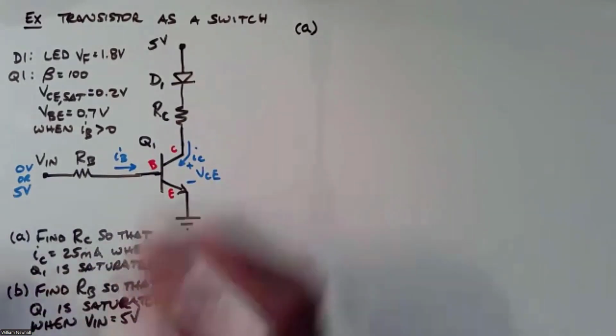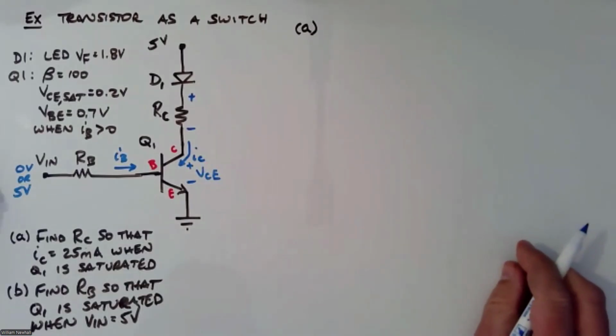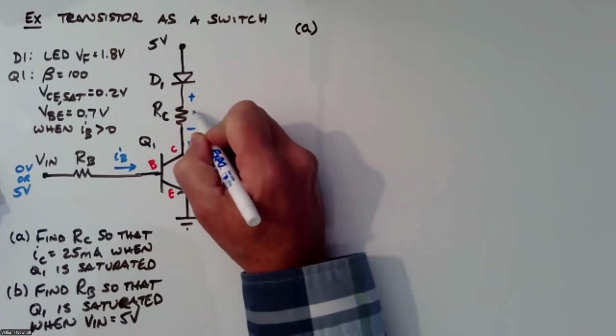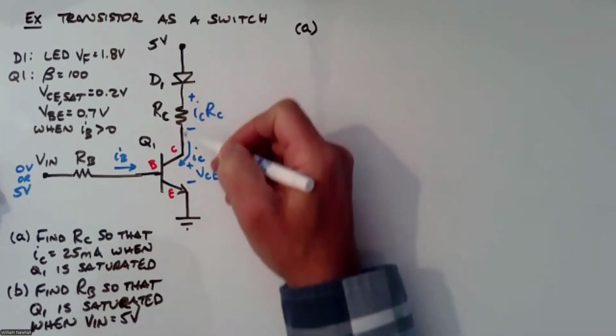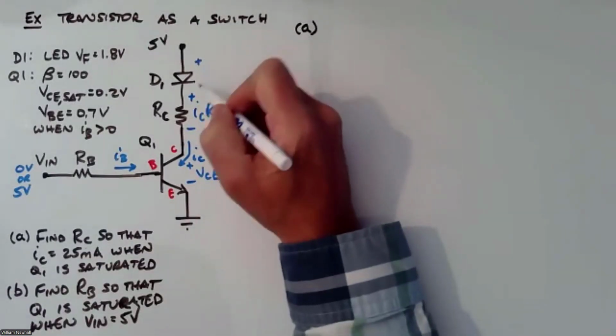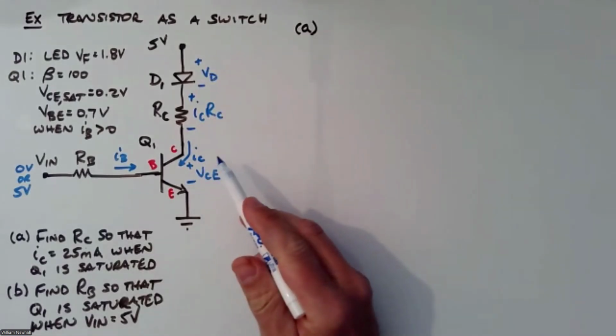I could figure out what the voltage is across this resistor, right, using Ohm's law. It's going to be ICRC, with that polarity. This is the diode voltage here, VD. This is VCE.